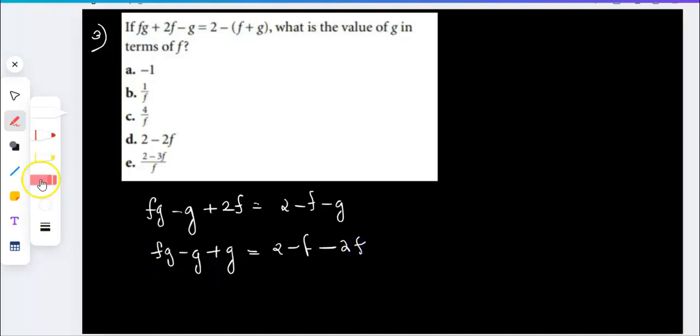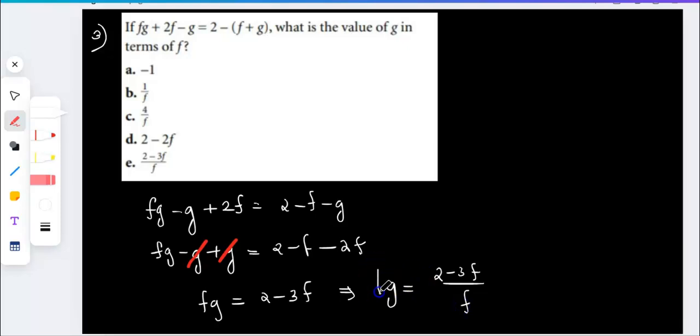You can easily cross off negative g and plus g. So fg is equal to 2 minus 3f. From here you can easily make out the equation for g, which is (2 minus 3f) over f. So this is going to be your equation for g, which is option E.